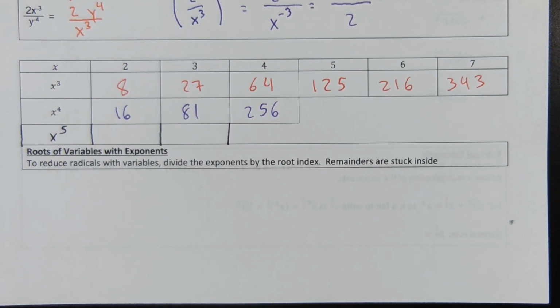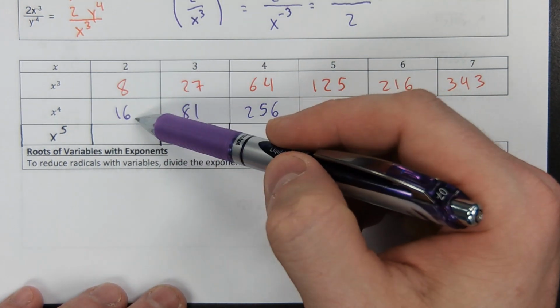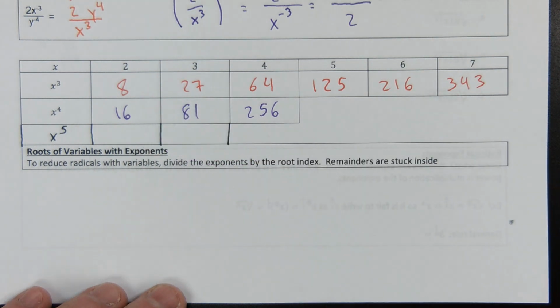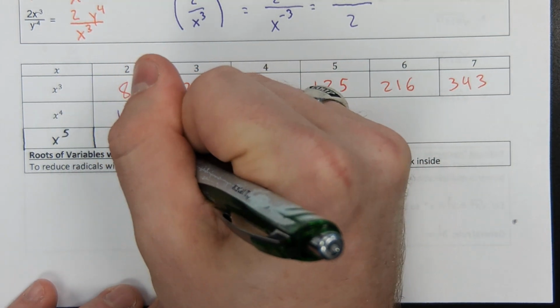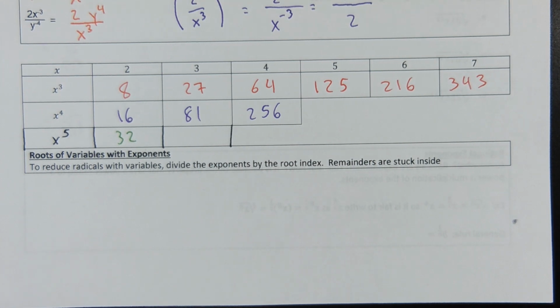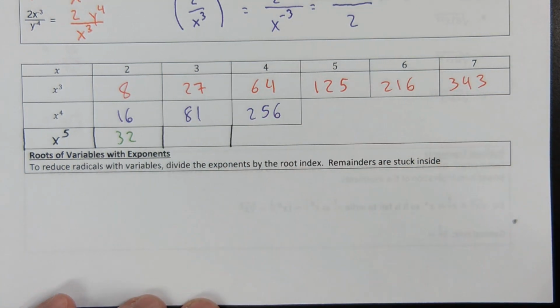Okay. Check this out. Times 2. Hope it's obvious that 2 to the fifth is 32, because it's just 16 times 2. And the last one that I would say, just kind of know it because it shows up often, is what 3 to the 5th power is, which is basically 81 times 3.